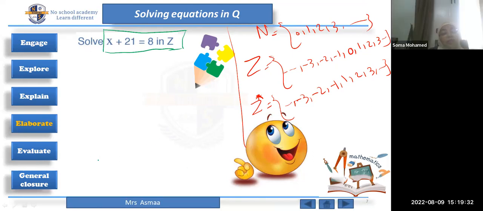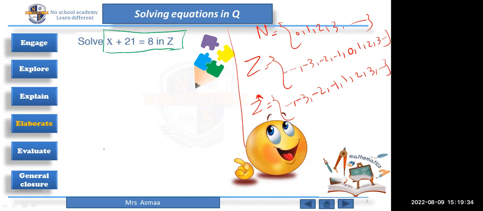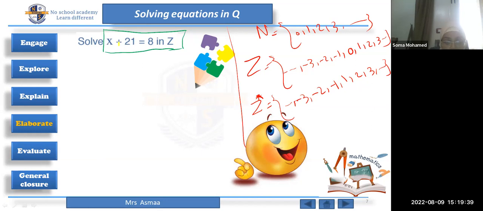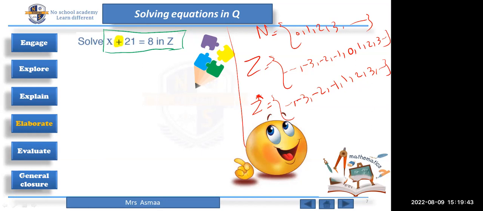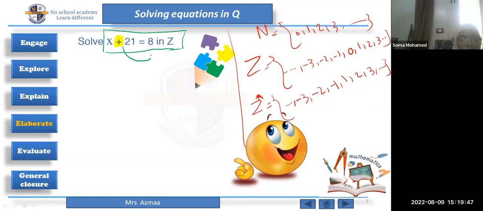The operation is plus. So we will put it in the inverse operation, so it will be minus. I will transfer it to the opposite, so it will be minus.